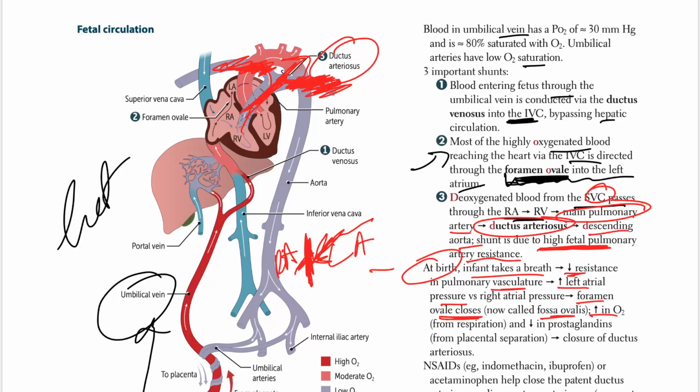Increase in O2 from the respiration and decrease in prostaglandins. Two things: increased O2 from respirations and decreased prostaglandins, because the placenta separates. After birth, what do we do? Cut the umbilical cord. The placenta separates, and you no longer have prostaglandins. That leads to closure of the ductus arteriosus, which is right here.